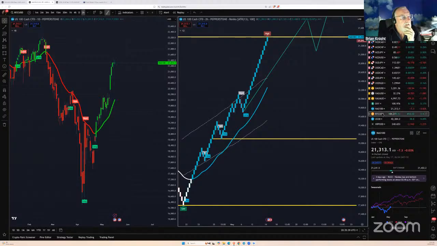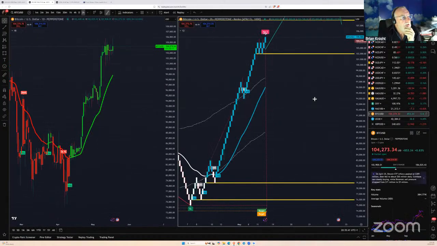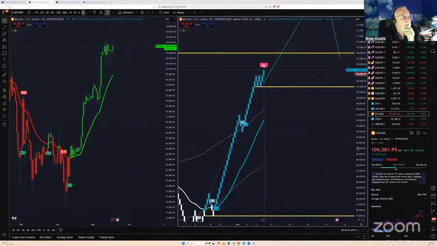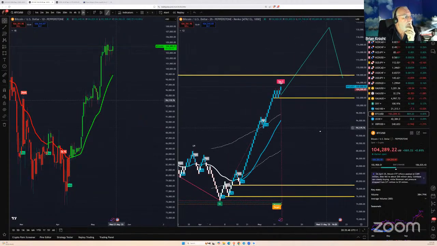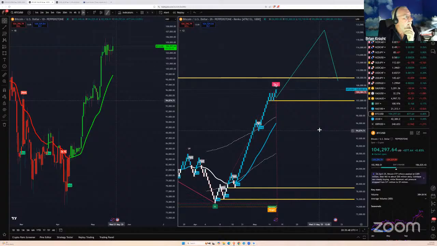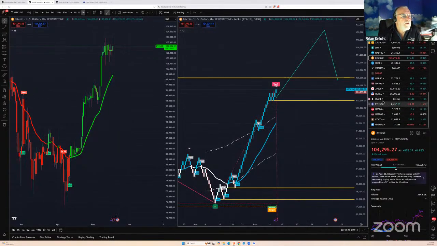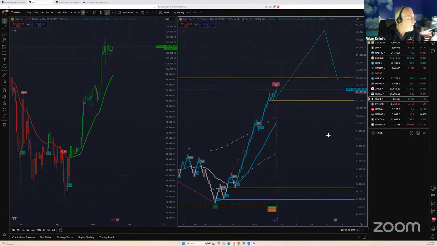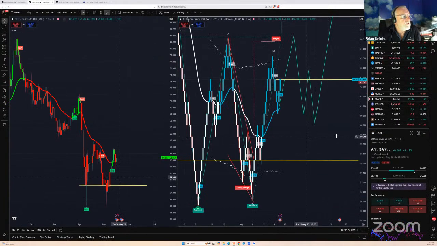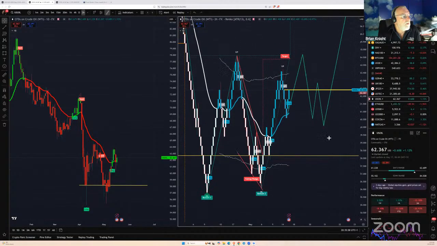Okay. Bitcoin. It's going to be up even higher. Okay. See how that goes. And oil is at 62. It looks like it's just plain red here at the moment.